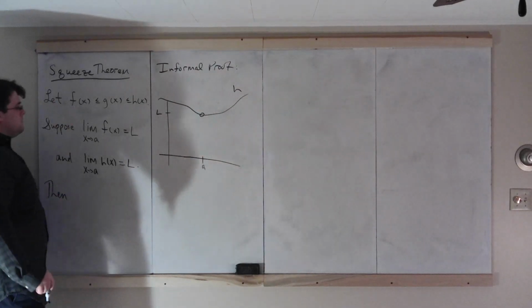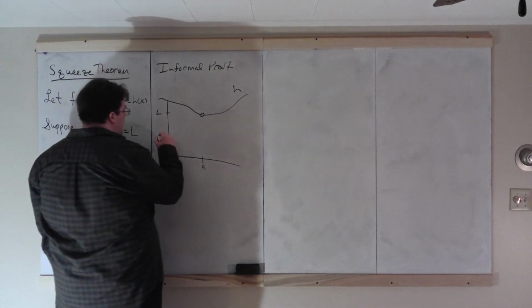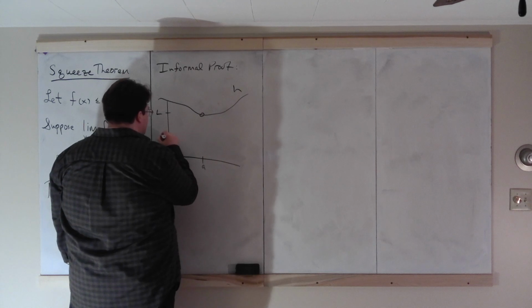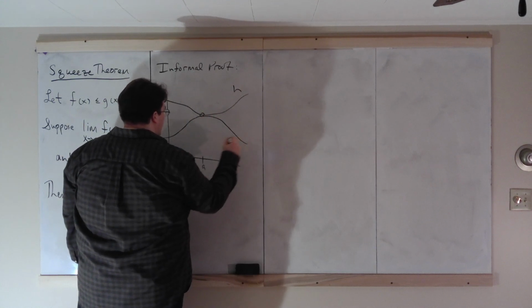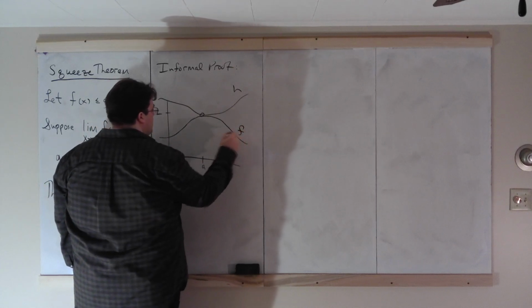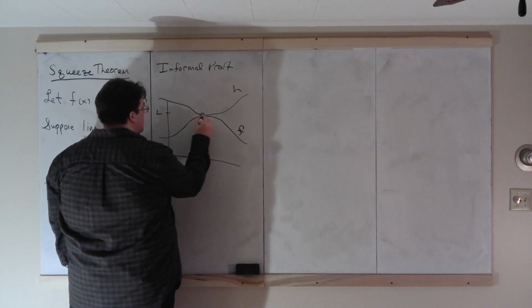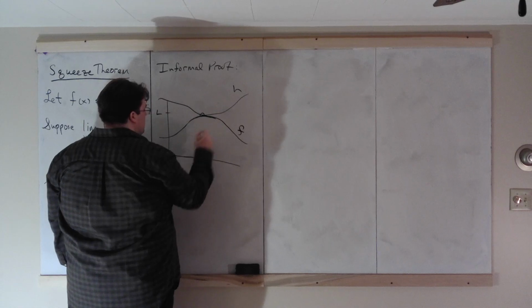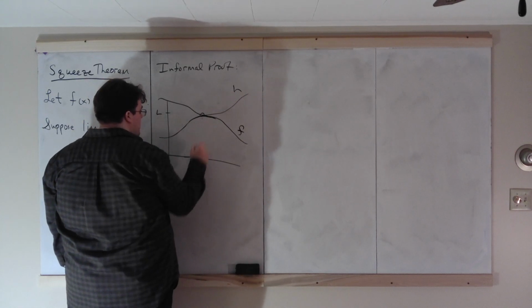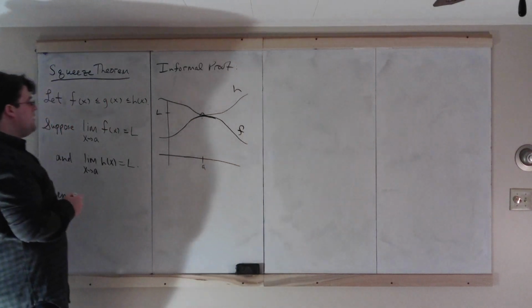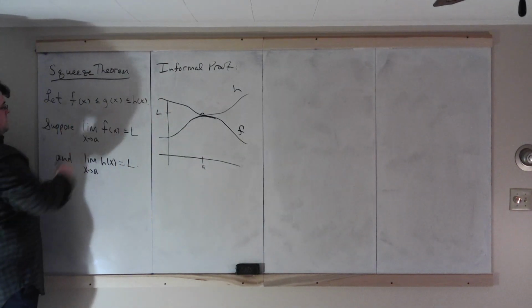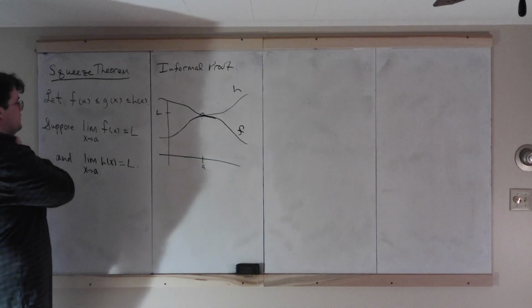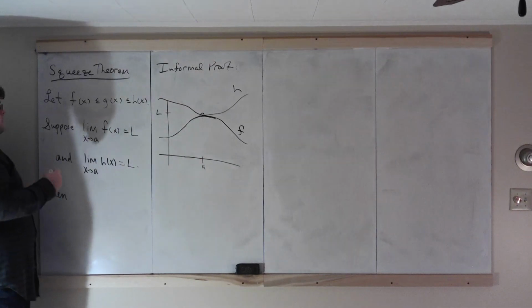And for f of x, we're supposing that that limit is L also. We're also supposing that f of x is always below or potentially equal to h of x. As x approaches a, the limit of f of x is L. Well, what can we conclude?